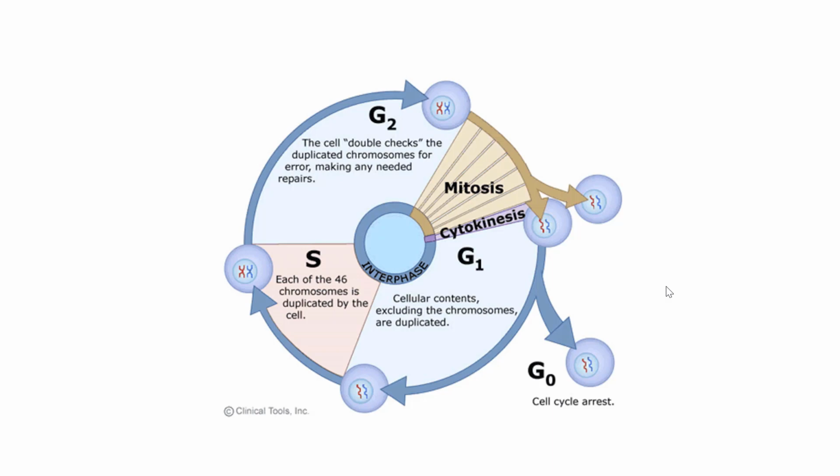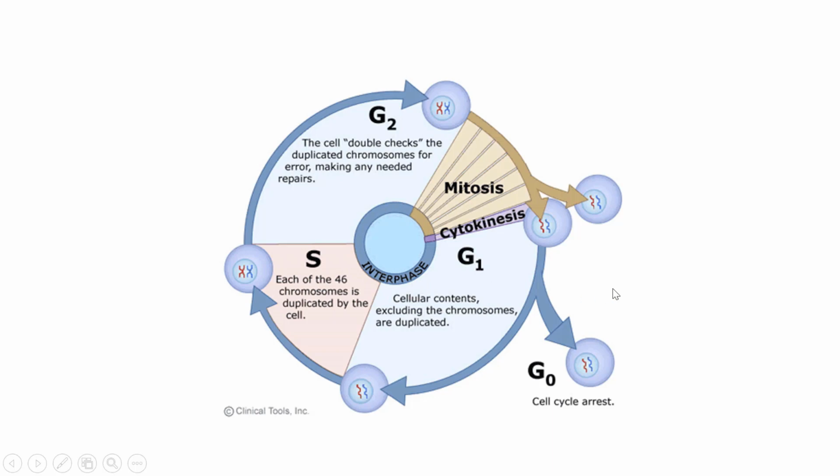Cytokinesis happens at the same time as the last portion of mitosis and meiosis, usually, but they don't actually have to happen together. And then the rest of the cell cycle is referred to as interphase. So everything other than mitosis or meiosis is referred to as interphase.